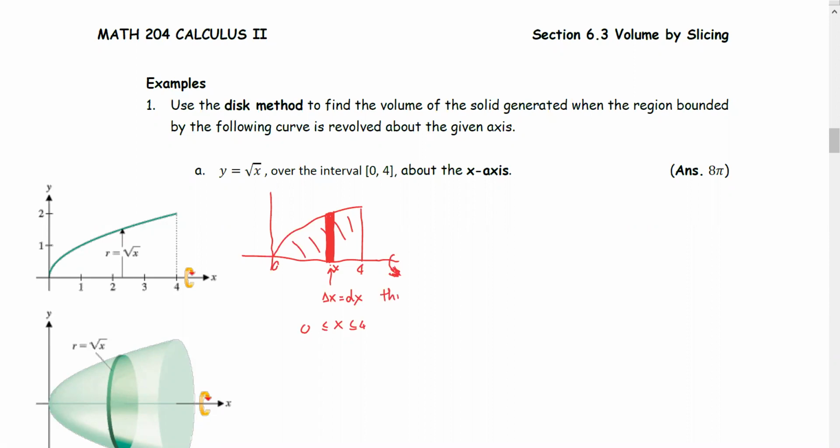So delta x or dx is the thickness or the width. X from 0 to 4 is the interval of integration. And the radius r is the function in x, or the height of the bar, which is y equals square root of x.